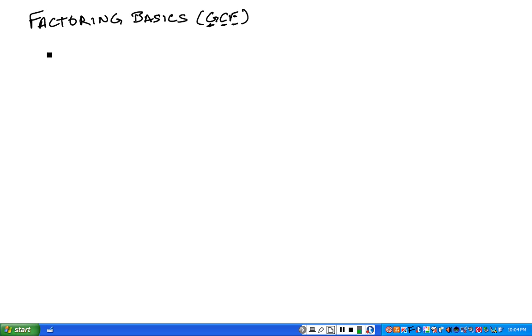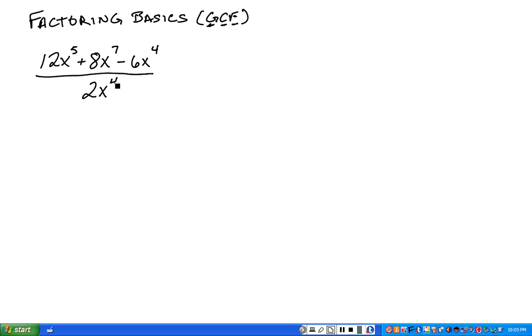So let's say we had a problem like 12x to the 5th plus, let's say, 8x to the 7th minus, let's say, 6x to the 4th. We're going to take that and divide it by, let's say, 2x to the 4th.